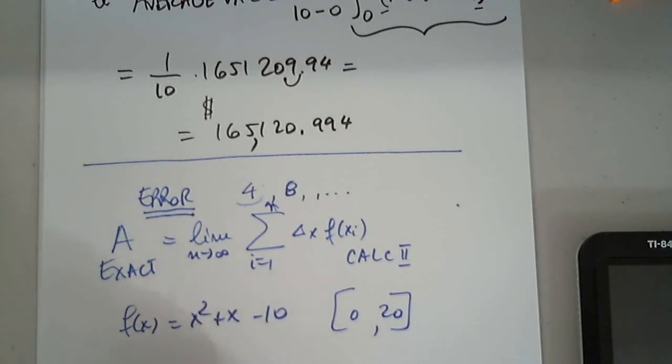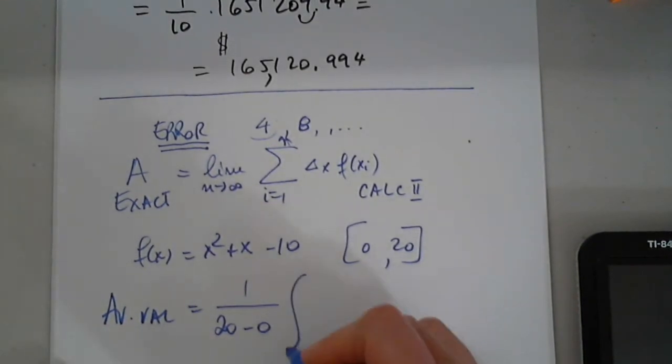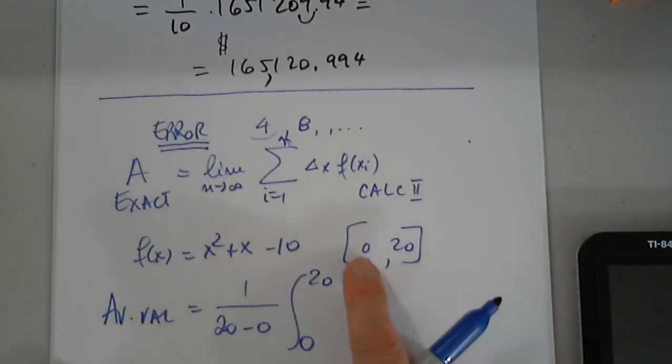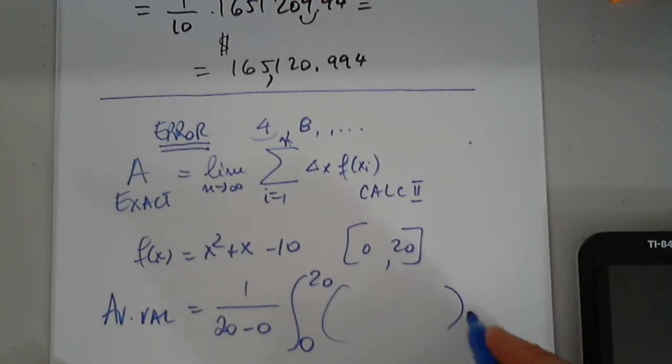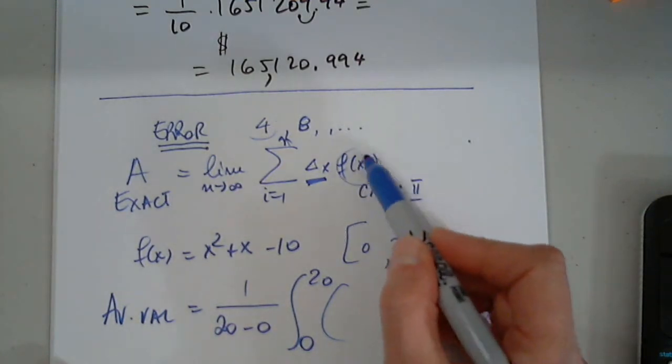Very good. So the average value of this function is 1 over b minus a. So 20 minus 0. I don't need to write minus 0, but I just want you to see where it's coming from. The integral from 0 to 20 of the function dx.